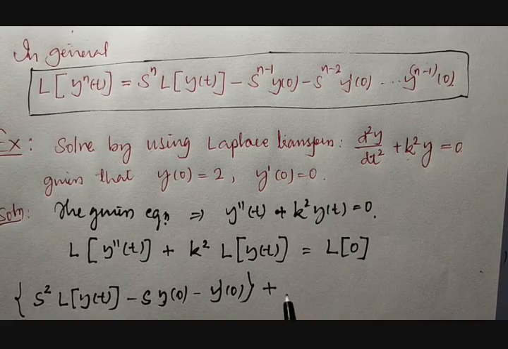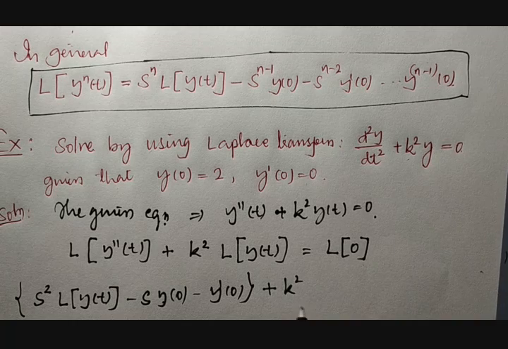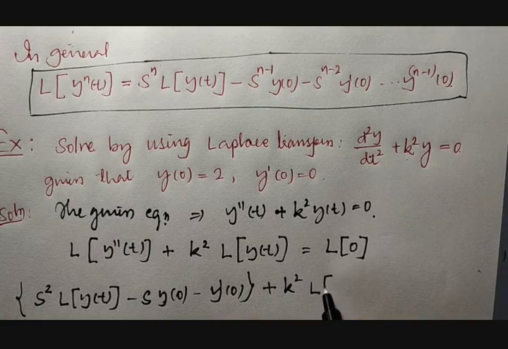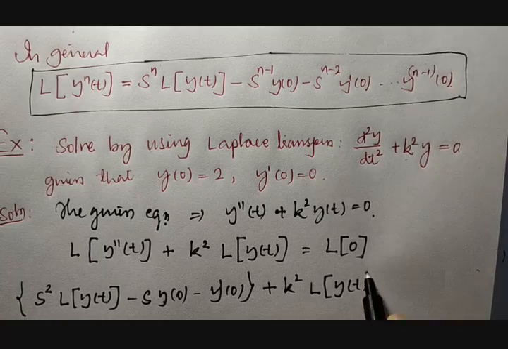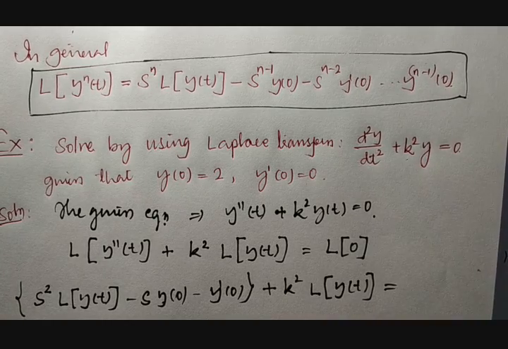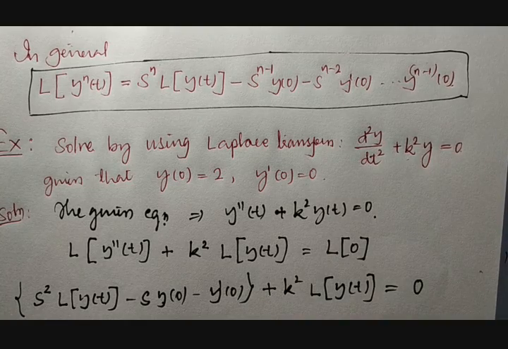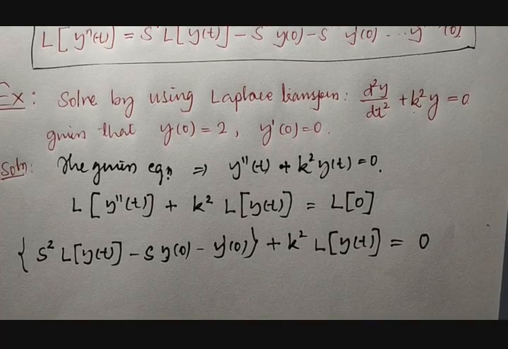Plus k² times the Laplace transform of y(t). It is the same, because it is not a derivative, it is a function, so the Laplace transformation of the function is taken as it is. Then the Laplace transformation of 0 is equal to 0.